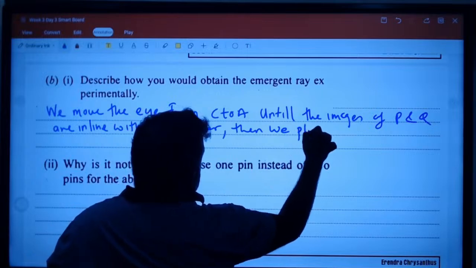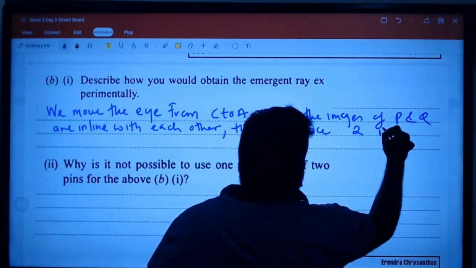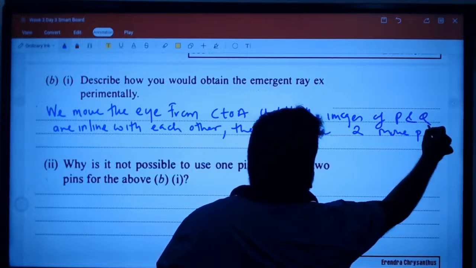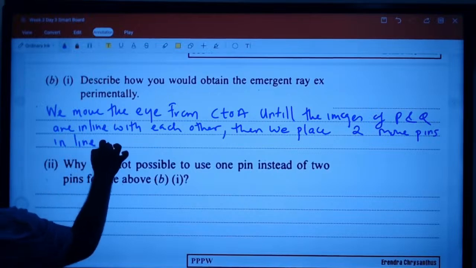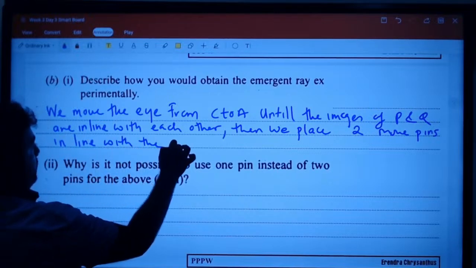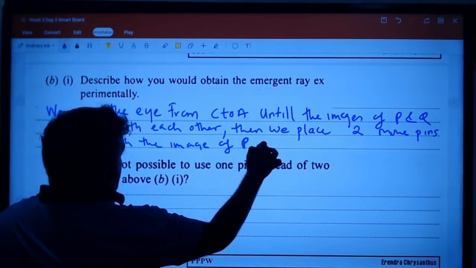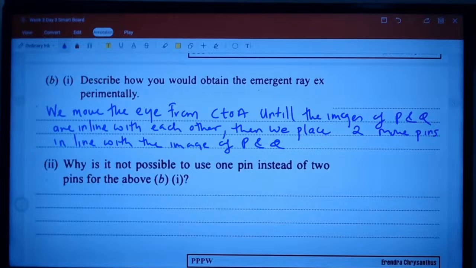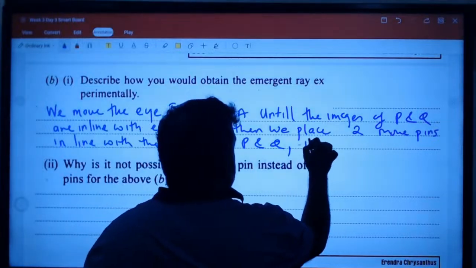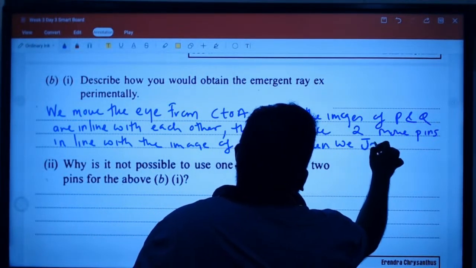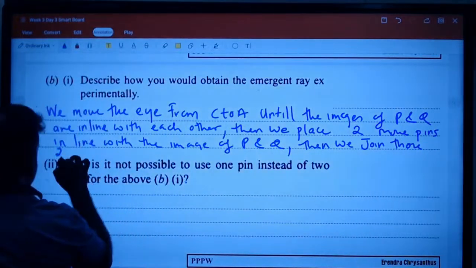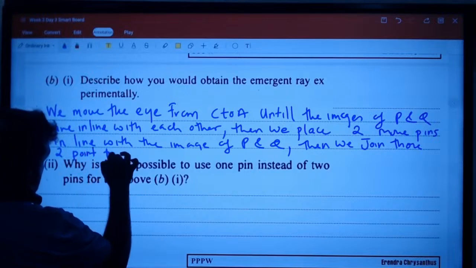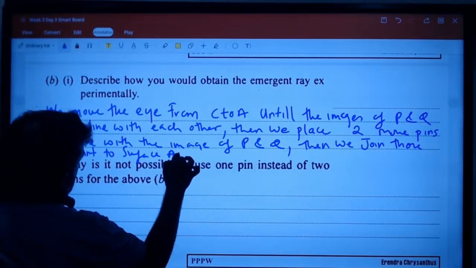Then we place two more pins in line with the image of P and Q. Then we join those 2 points to surface AC. From there you get the emergent ray.